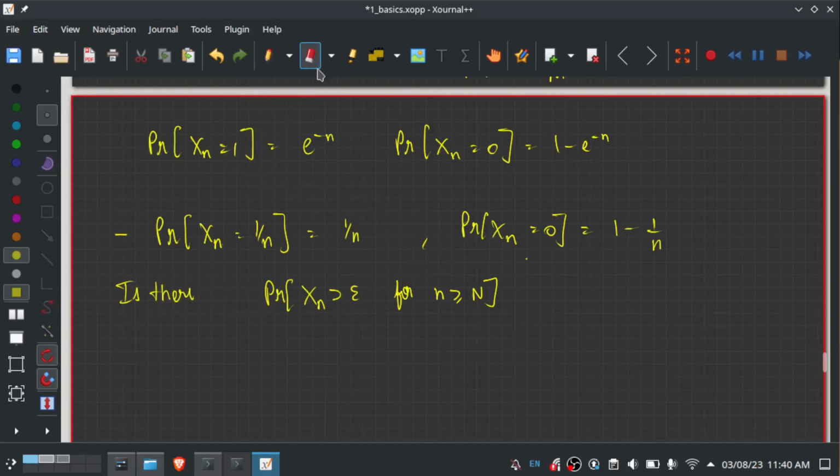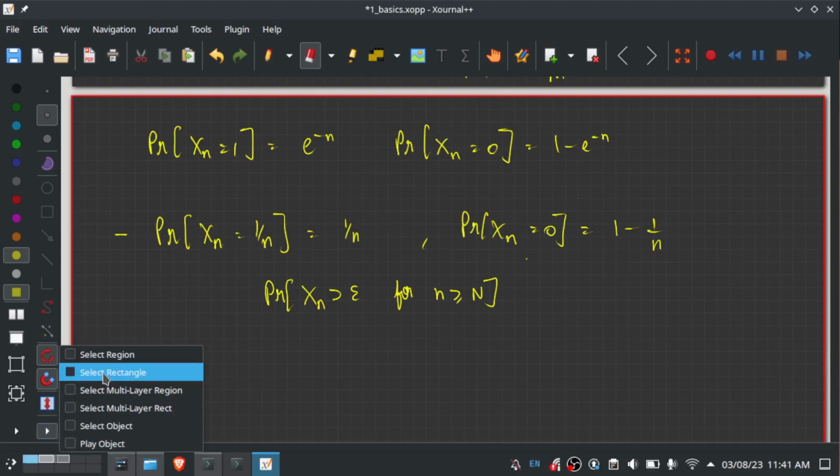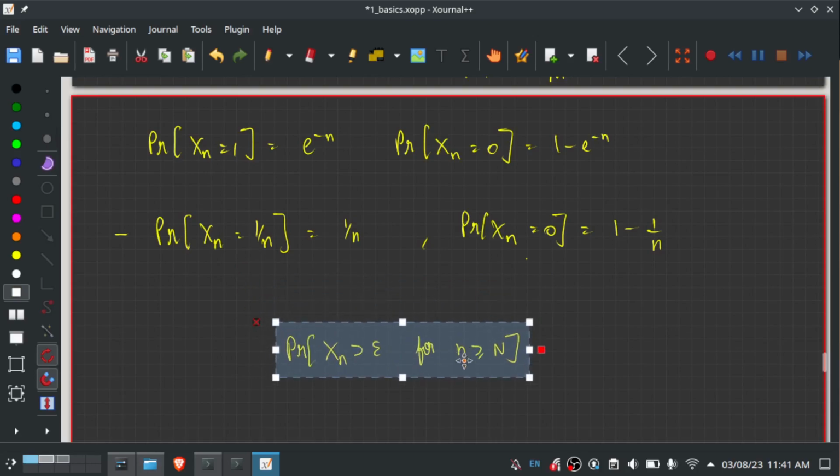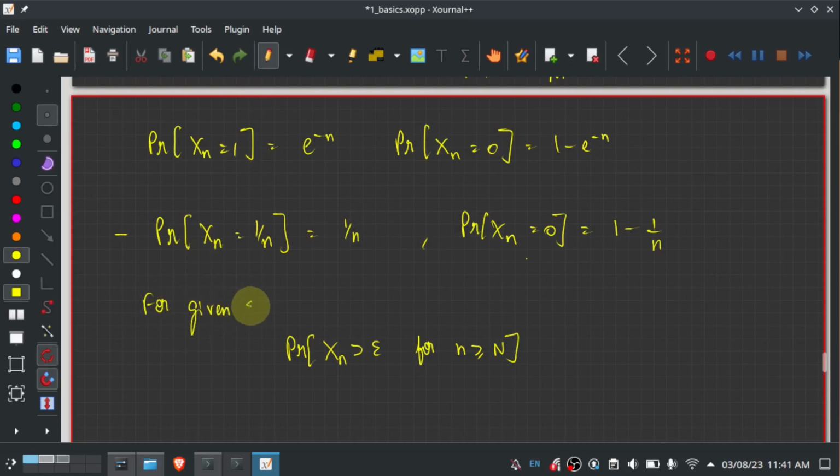So let me rephrase that. For a given positive epsilon, can we find an N such that this quantity is, let us say, less than or equal to an arbitrarily small delta?